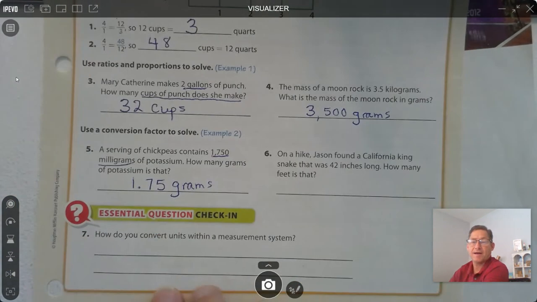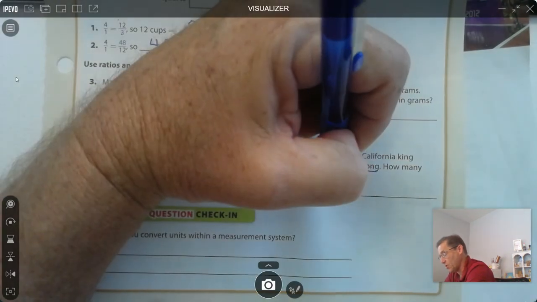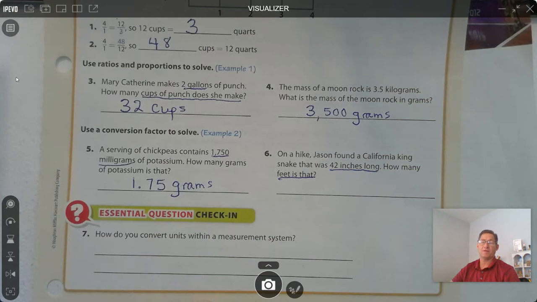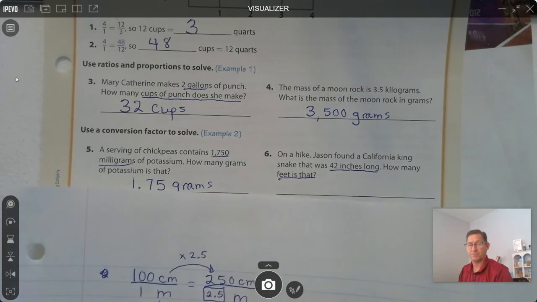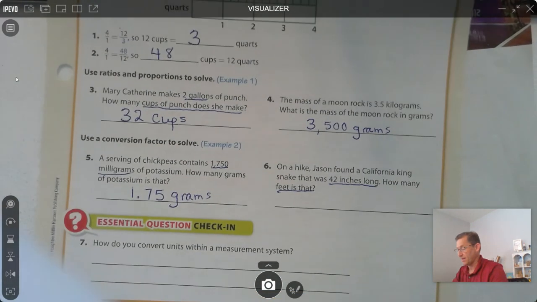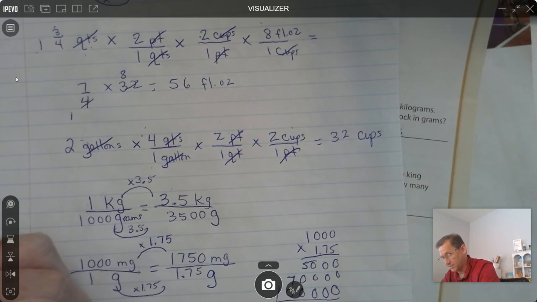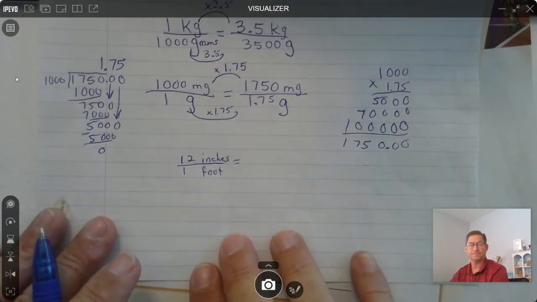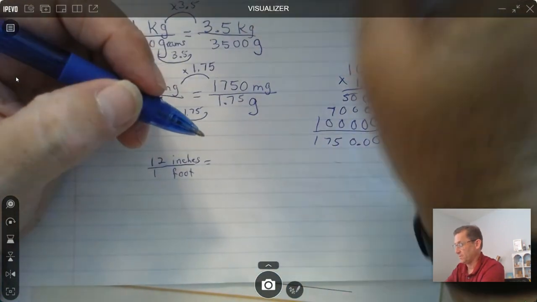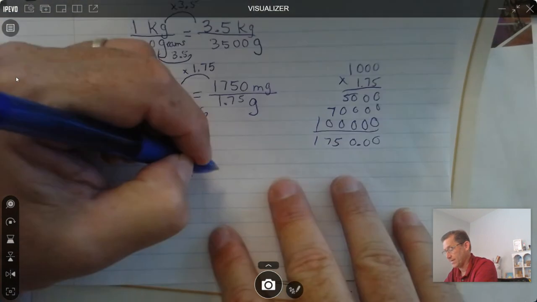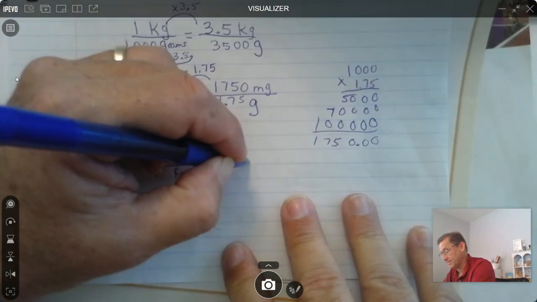And number 6, on a hike, Jason found a California king snake that was 42 inches long. How many feet is that? Okay, well, that's also a direct relationship, right? Inches to feet. So we have 12 inches equals 1 foot. So the snake was 42 inches.